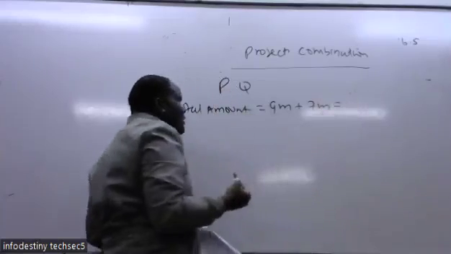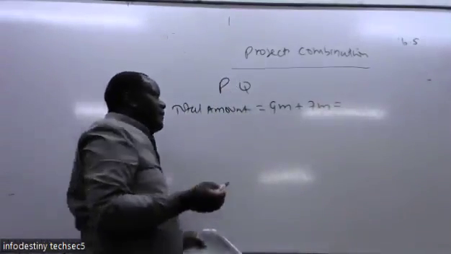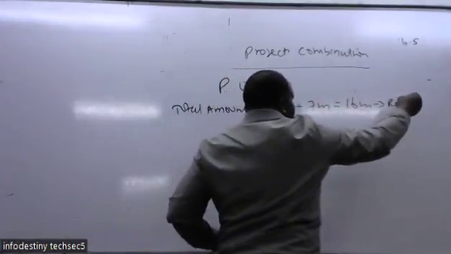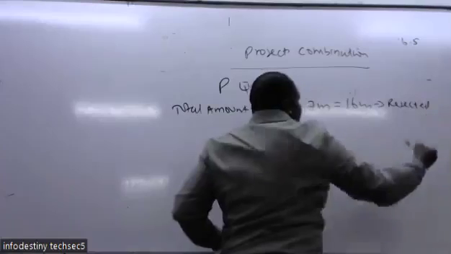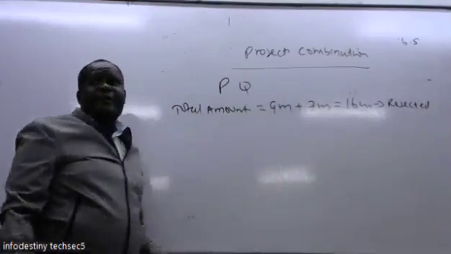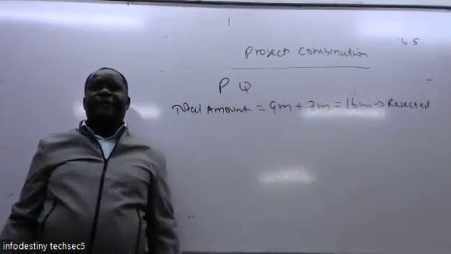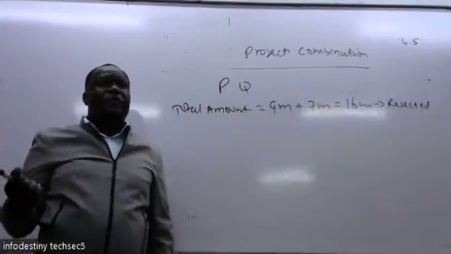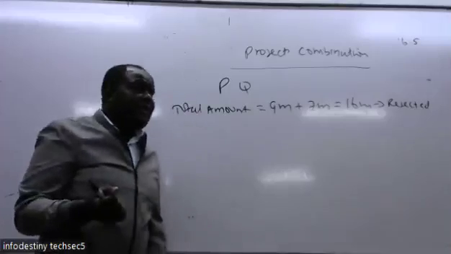So when you add, this one is rejected. So you indicate it is rejected. The total amount is 16, so it should either be 15 or less. That combination is rejected.